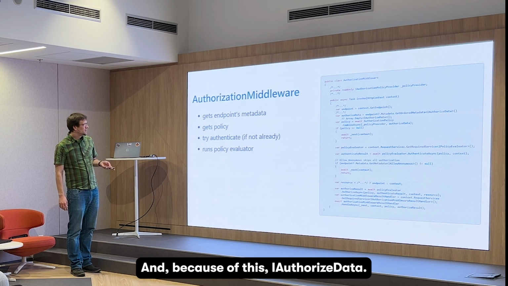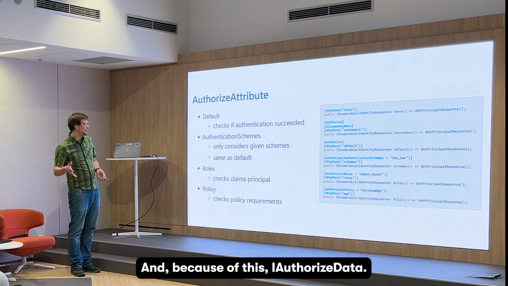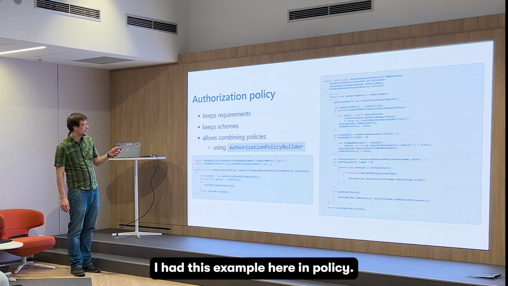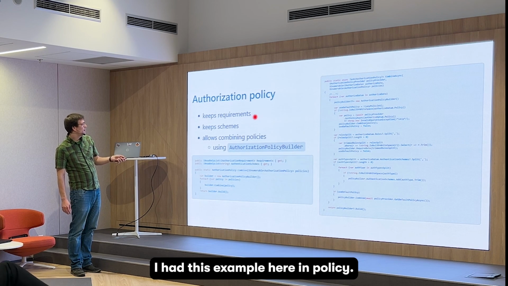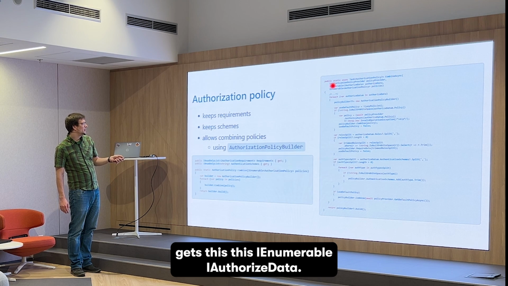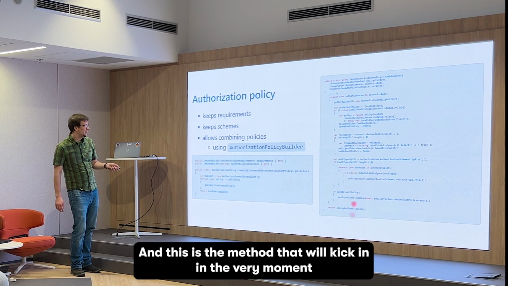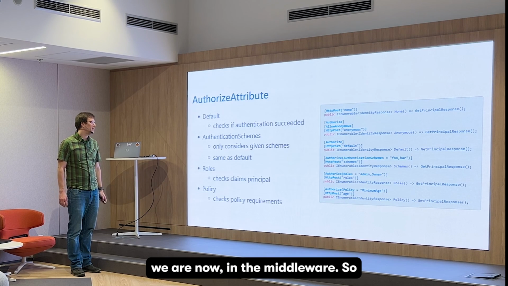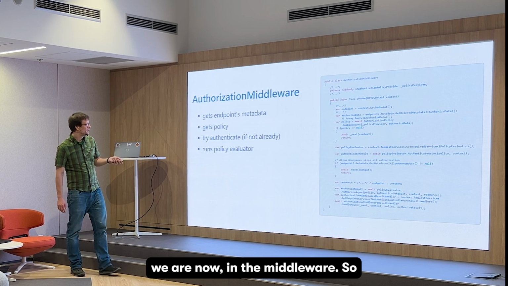And because of this IAuthorizeData, I had this example in the policy, and you see that this CombineAsync gets this IEnumerable of IAuthorizeData. This is the method that will kick in the very moment we are in the middleware.